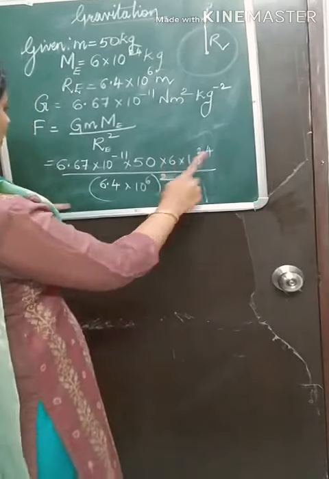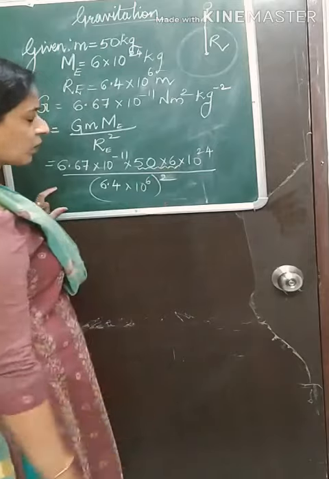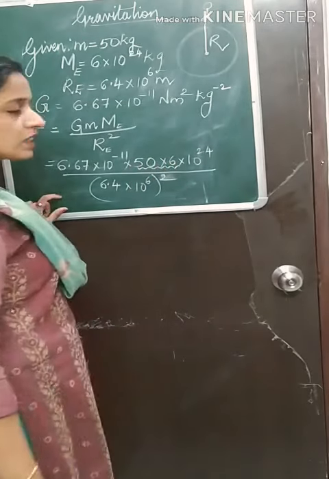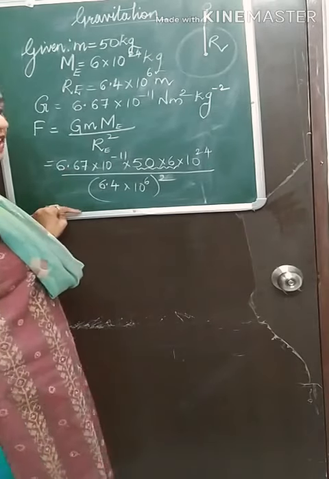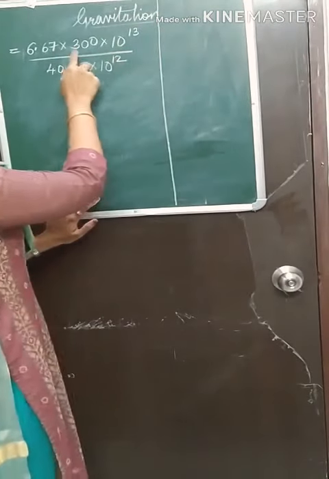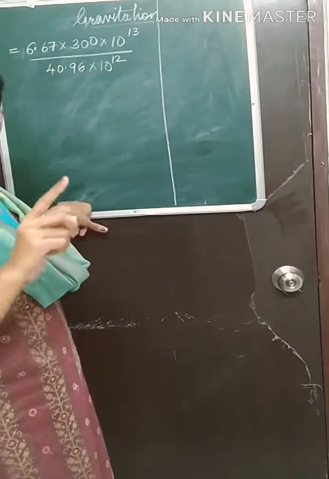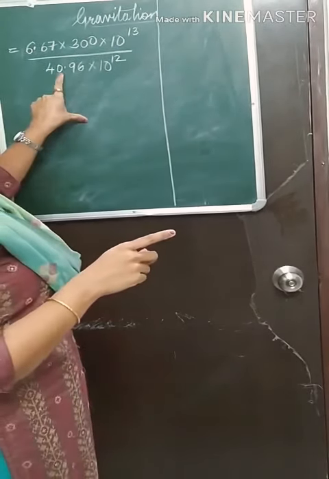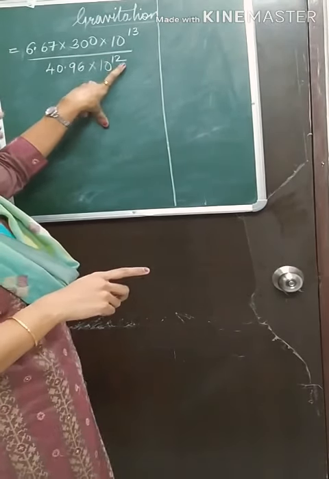Now let us solve one by one. According to your convenience, we will solve these smaller numbers first. 50 into 6 is 300. 300 multiplied by 6.67. Now this part: 6.4 into 6.4 is 40.96, and 10 raised to 6 into 10 raised to 6 is 10 raised to 12.